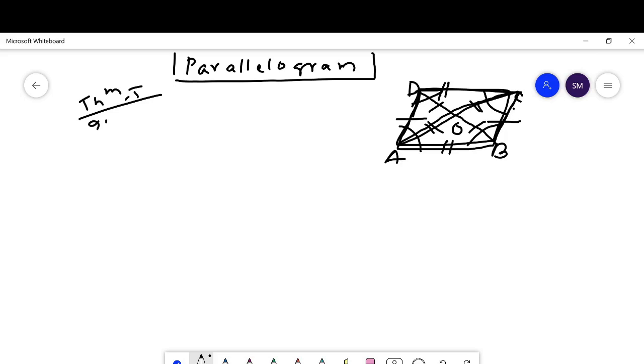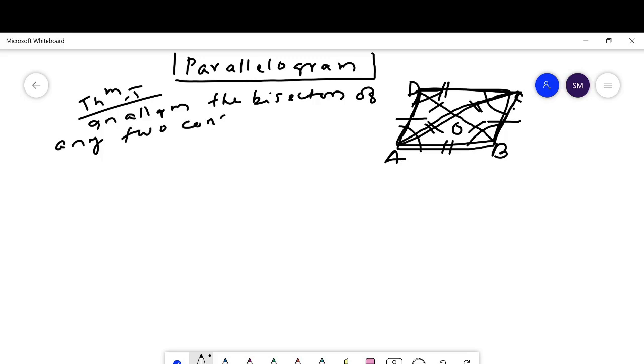In a parallelogram, the bisectors of any two consecutive angles intersect at right angles.